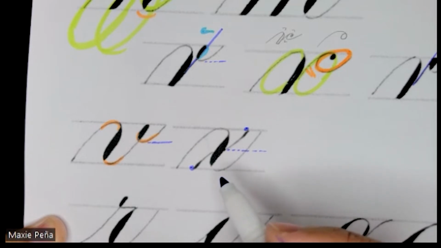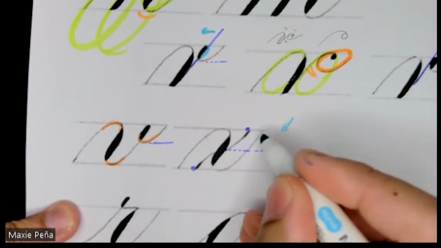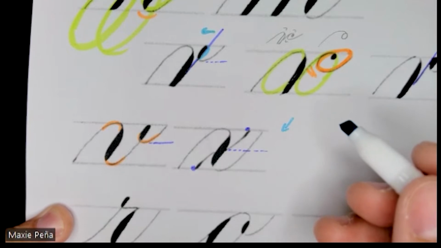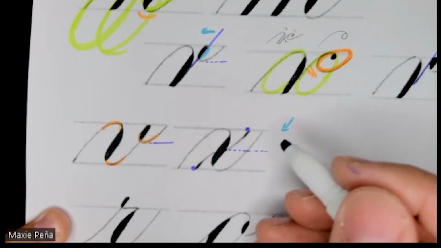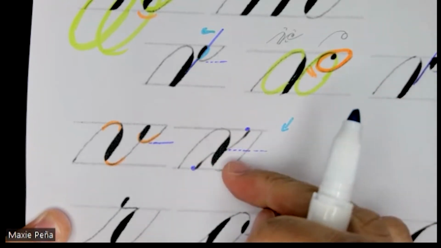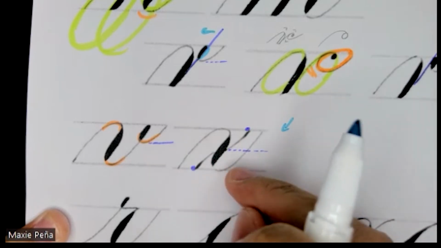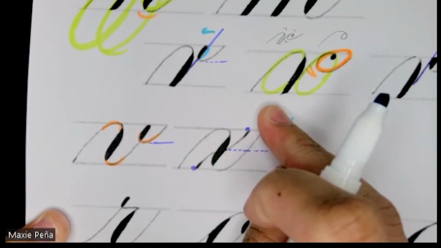I will execute this stroke downwards so that I can add that tiny little bit of accent shade there. It helps with the legibility too if you have that tiny accent here as opposed to just a hairline. But feel free to also try this with a hairline, and you could do it from bottom to up as well.